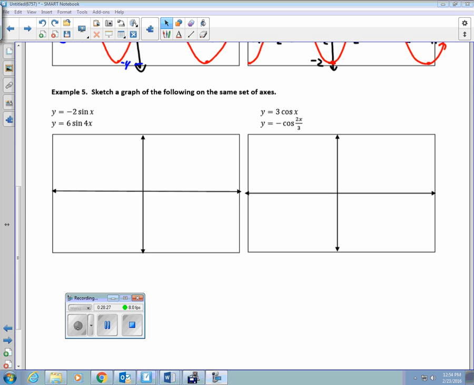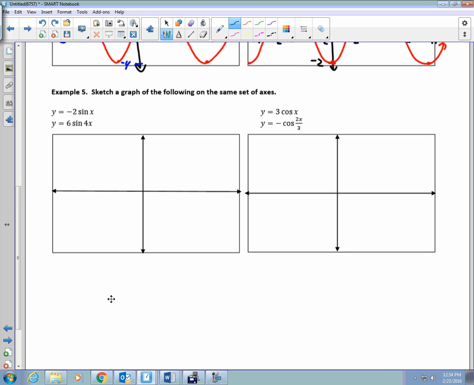We'll check that out right now. So, amplitude for this one is 2. The period. Amplitude for the second one. And the period. 2 pi over 4, which is pi over 2.